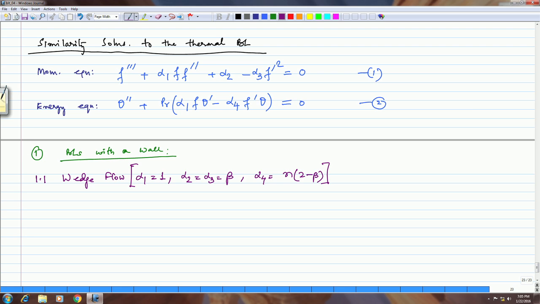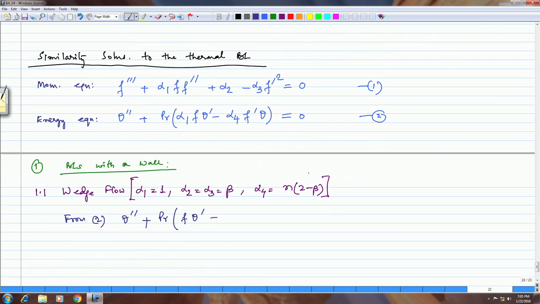Then from equation 2 what we get is alpha 1 is 1, f theta dash minus alpha 4, which is n into 2 minus beta.